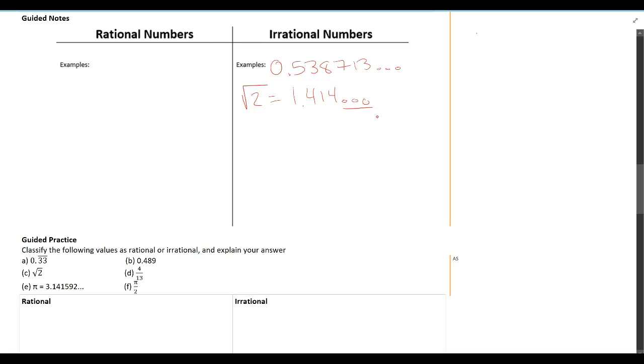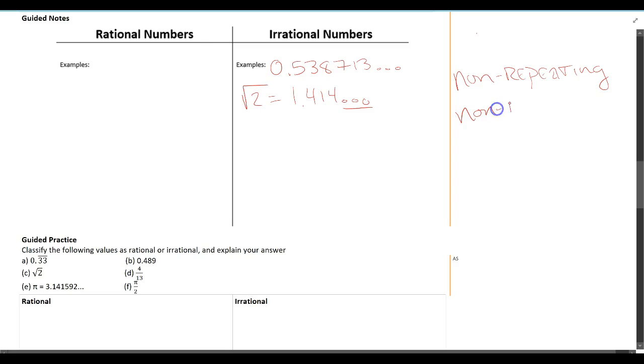Again, this says it's not repeating. It says that it is unending. So this is irrational. Non-repeating, non-terminal. These are just never going to end.